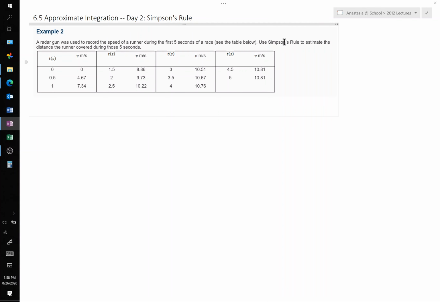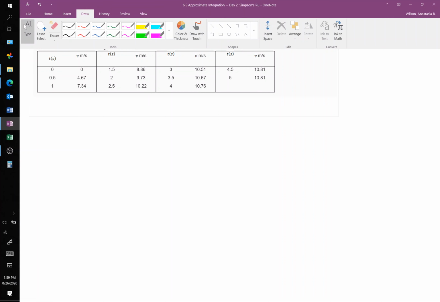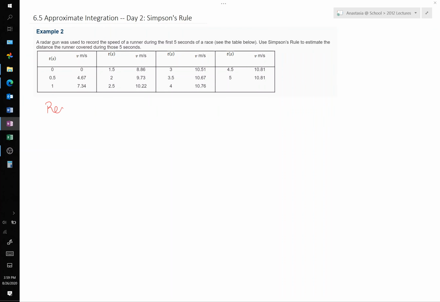Now, we're asked to use Simpson's rule to estimate the distance the runner covered during those 5 seconds. So we have velocity values as a function of time. We're asked to find distance. So we need to recall the relationship between velocity and distance.